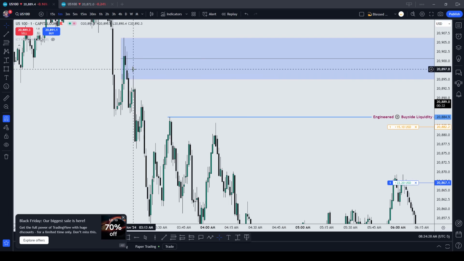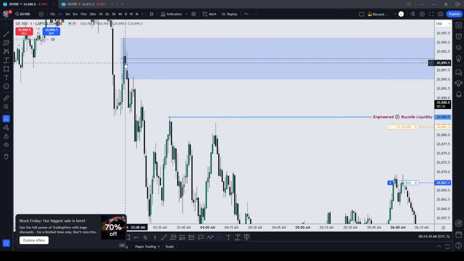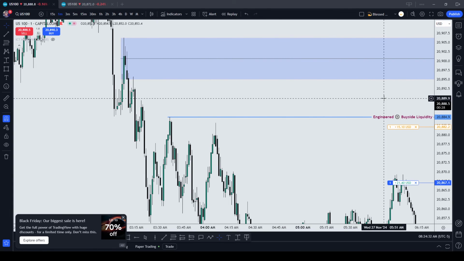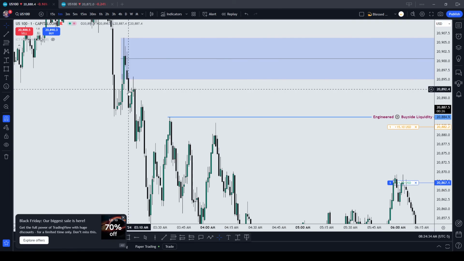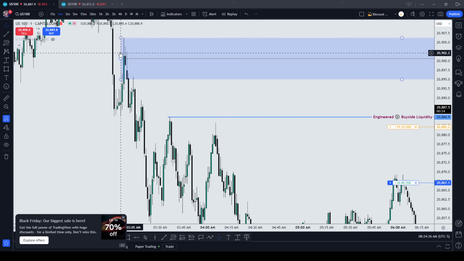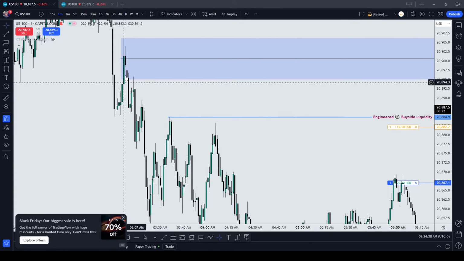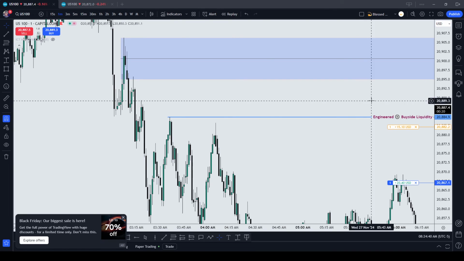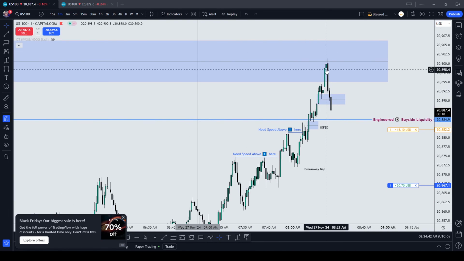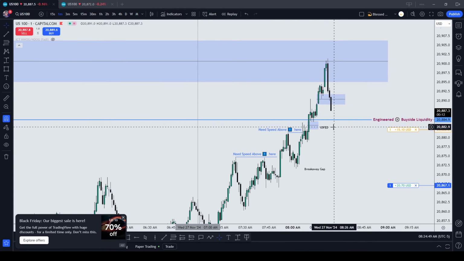Volume imbalance. Then this was an entire 5 minute bearish order block. So that's what we get here. Tapped in consequent encroachment. Then we start dropping against us.